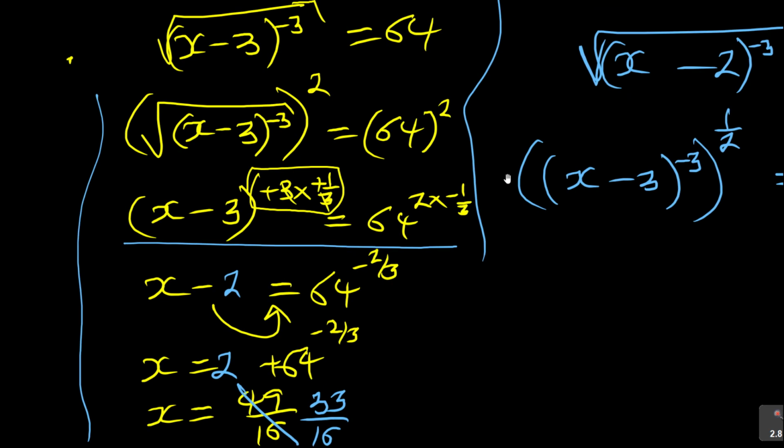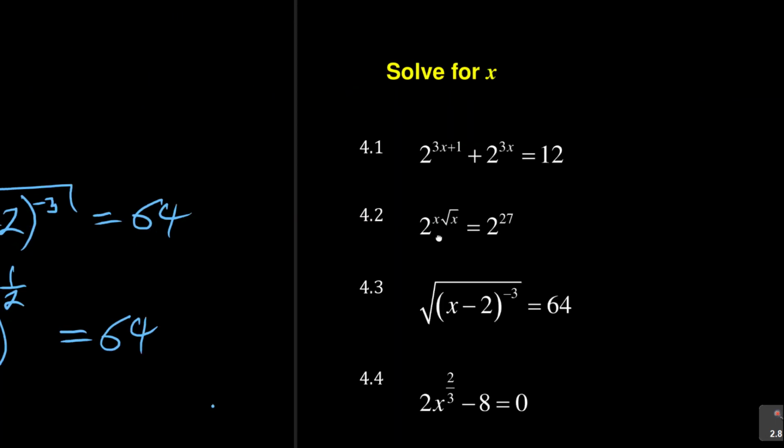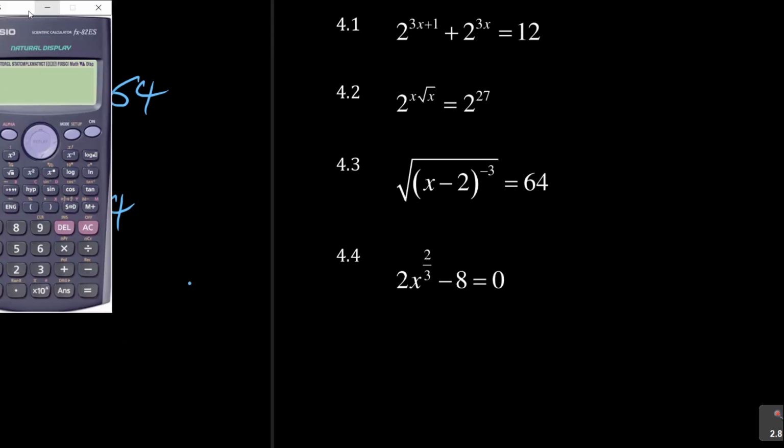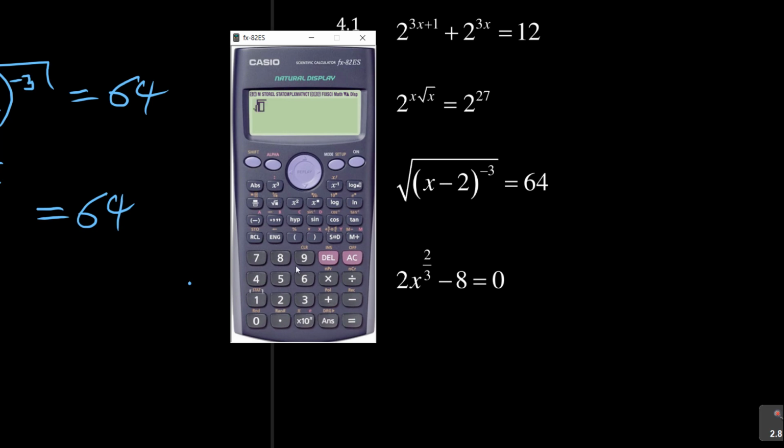Let's put it back again and see if we put 33 over 16 here, what does it do? Square root of bracket 33 over 16 minus 2 to the power negative 3. Oh, there it is. It works.